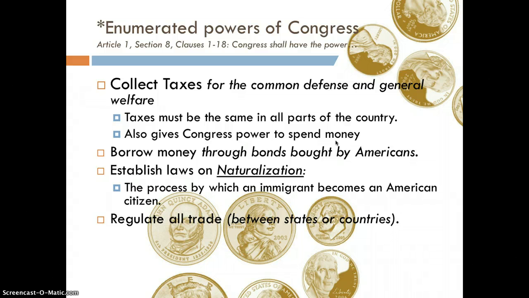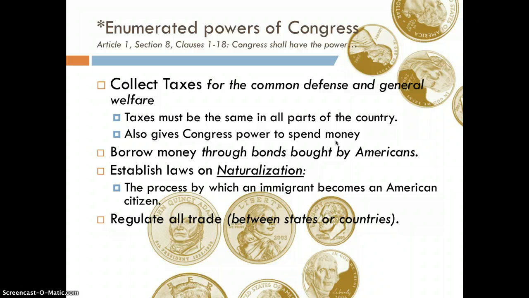The federal government can't tax North Carolina more than it taxes California. They can tax certain people in North Carolina more, like they do with the income tax. So they might say anybody who makes over $100,000 has to pay 28%, and anybody who makes under $100,000 has to pay 18%. But the numbers have to be the same for California and North Carolina.